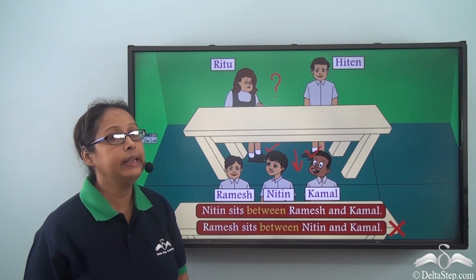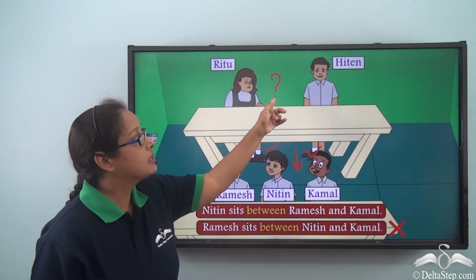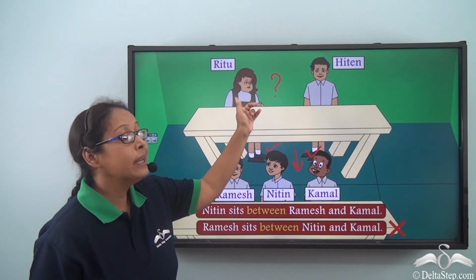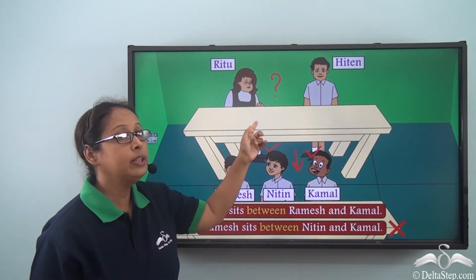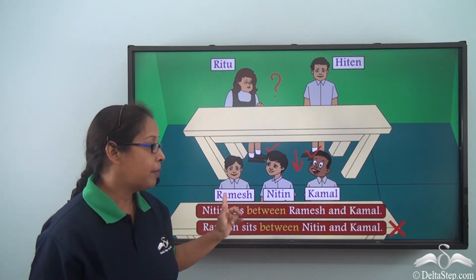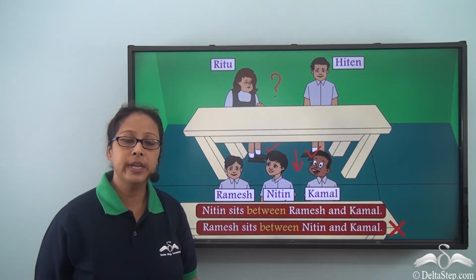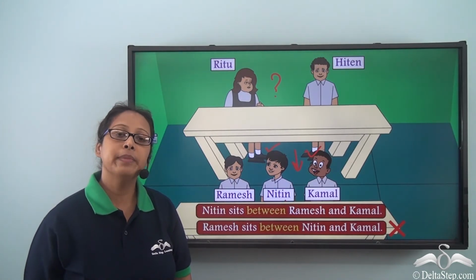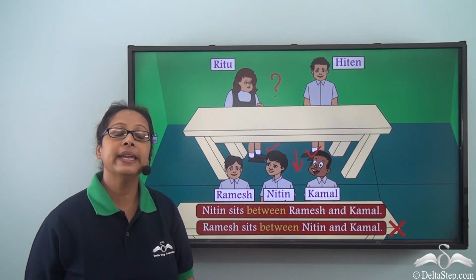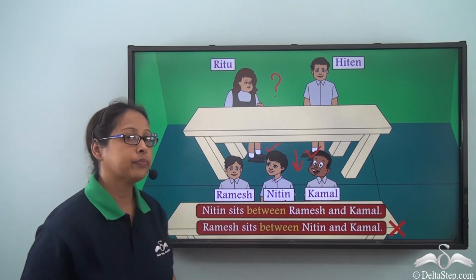That would be an incorrect answer because Nitin is not sitting between Ritu and Hiten or in the middle of Ritu and Hiten. He is sitting in the middle of Ramesh and Kamal. So when we are using the preposition between, what do we mean? We mean something being in the middle of two things or two people.